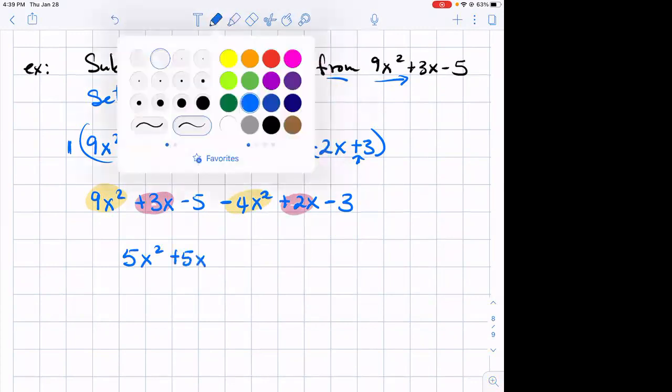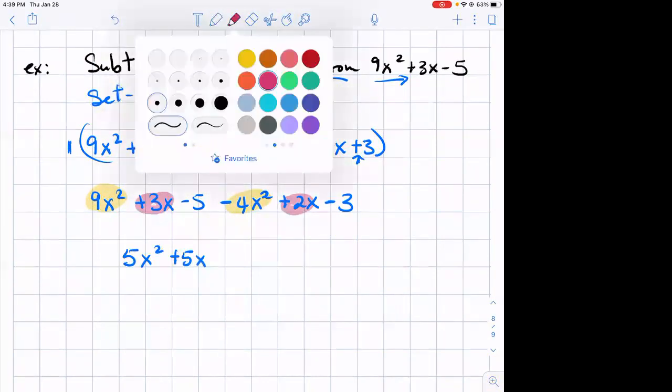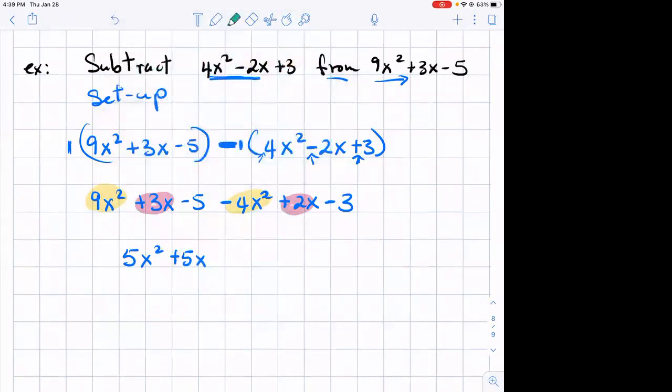We go down the line again. We have a minus 5 and a minus 3, and combining them, that becomes a minus 8. And this is written in the correct order, so that's my polynomial. A 3-term polynomial is called a trinomial.